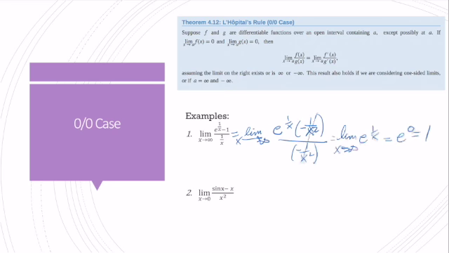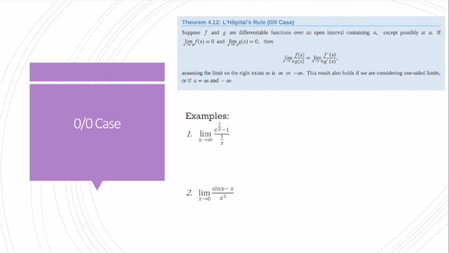Next, I have the limit as x goes to 0 of sine of x minus x over x squared. So we're going to apply L'Hôpital's rule. That gives me cosine of x minus 1 over 2x. But I have a problem here, right? This is still an indeterminate form. I still have 0 over 0. So I'm going to need to take the second derivative.